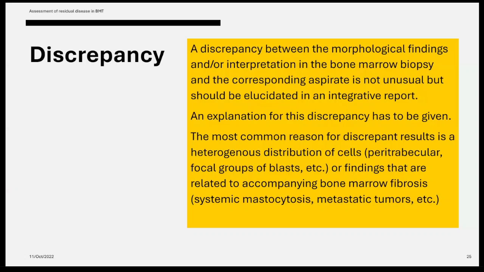Marrow fibrosis as low as grade 1 out of 3, because if you use the Tali classification, you have grade 0, 1, 2, 3. Grade 1 fibrosis may cause a discrepancy between aspirate and trephine, where the trephine will show more blood cells, because of fibrosis few cells are successfully aspirated.